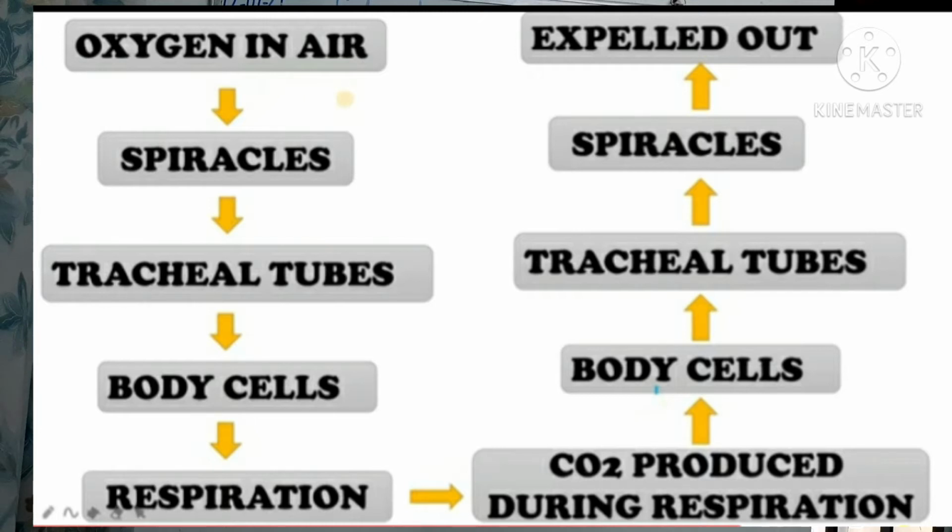Similarly, after that, they give out carbon dioxide, which from the cells goes into the tracheal tube and moves out through the spiracles. So spiracles mainly help in the entry and exit of gases. Air tubes or trachea we can see only in insects.